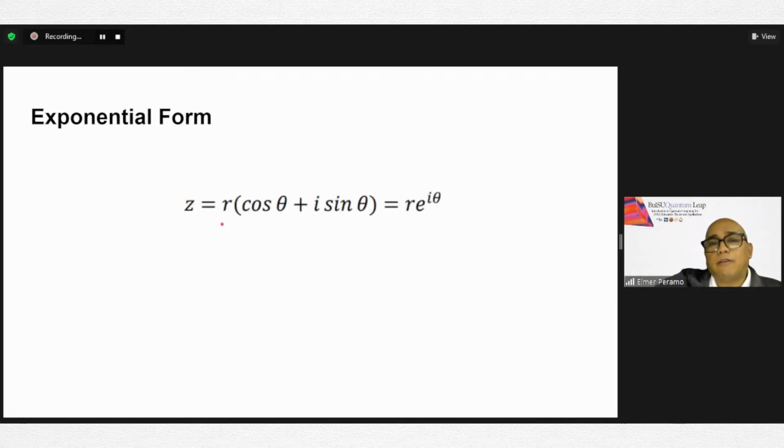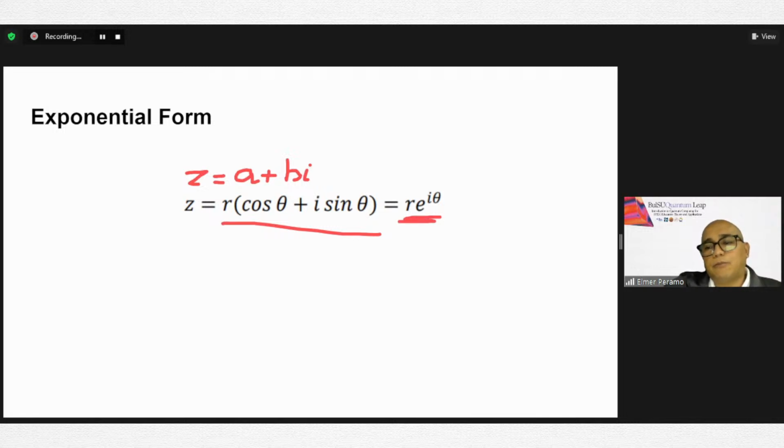Having said that, I've already discussed the polar form. Another representation is called the exponential form. If you have z equals a plus bi, this is the rectangular form, this is the polar form, and this is the exponential form.